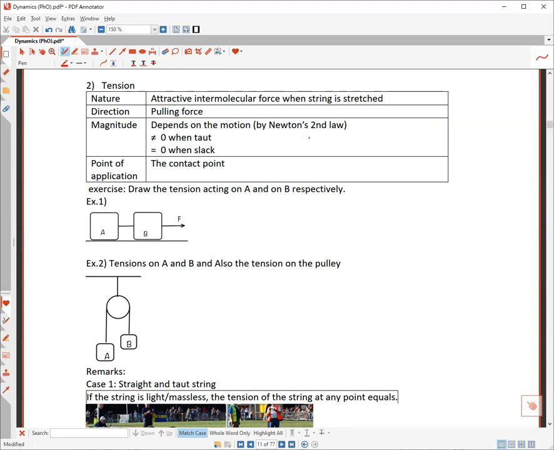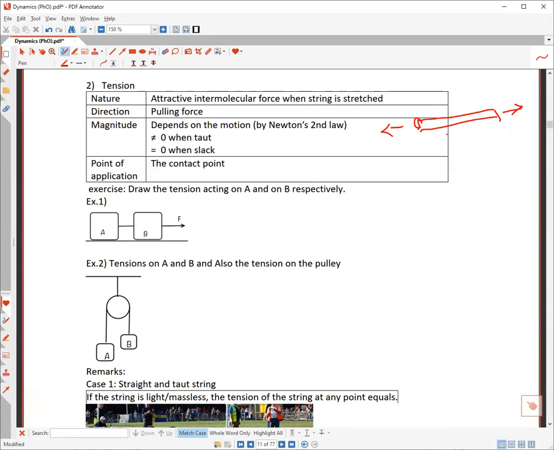But the idea behind it is like this. Let's say there is a rod or a string. When you extend it, or when you apply forces on both ends, why does it not break? Why can it withstand the force you applied?